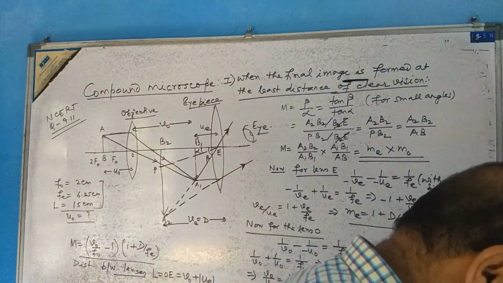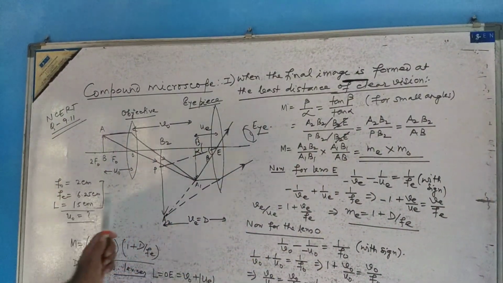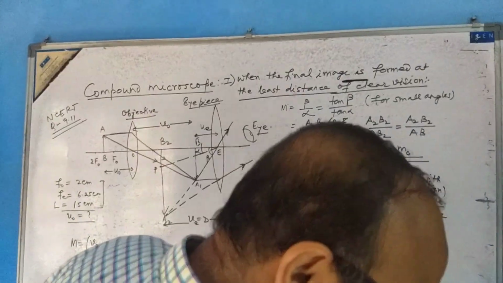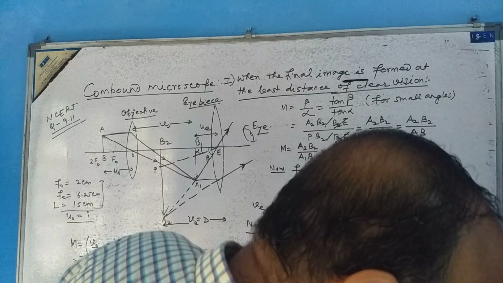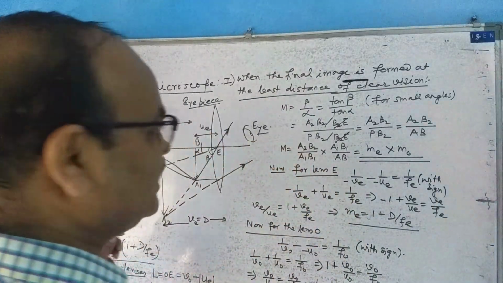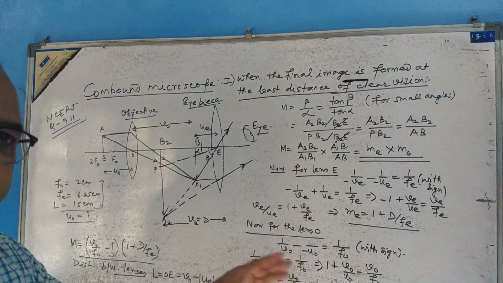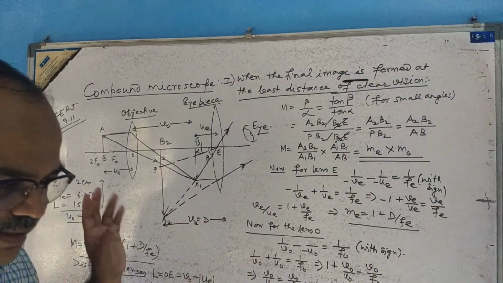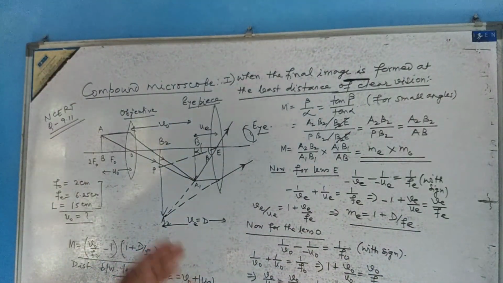It should be placed so that, first, the image is formed at 25 centimeter, the distance of clear vision, and second, when the image is at infinity. I hope with the help of only those formulas which are here we can determine this, and you have to find out the magnifying power of the microscope in each case.